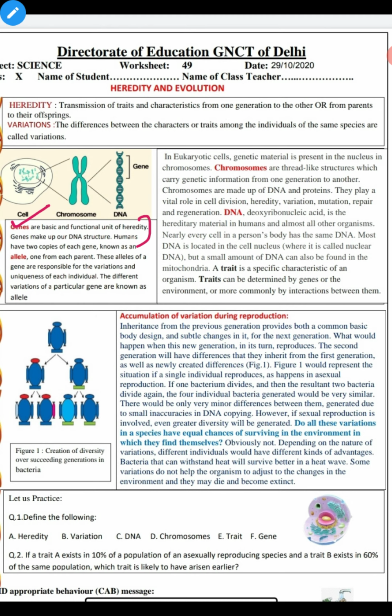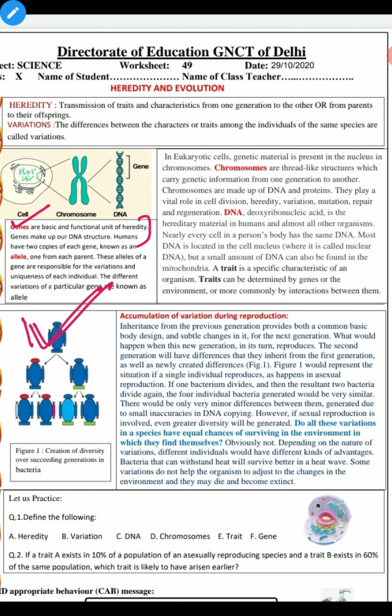Next we have the question: if a trait A exists in 10% of the population of an asexually reproducing species and a trait B exists in 60% of the same population, which trait is likely to have arisen earlier? Okay. If we talk about asexual reproduction, you can answer this question by taking the example of this.